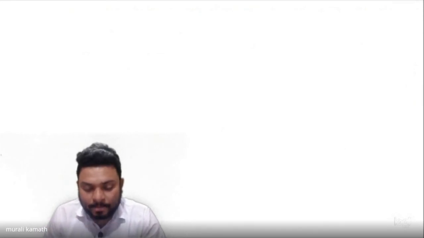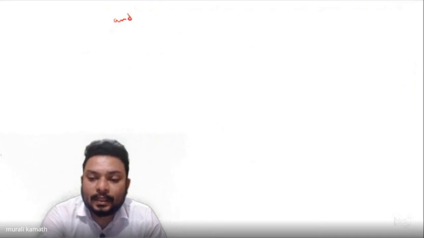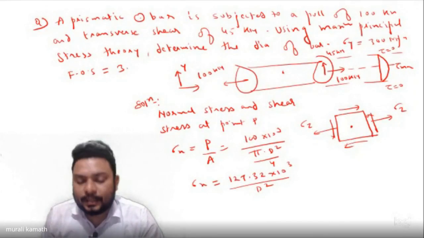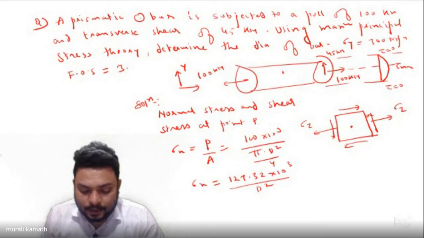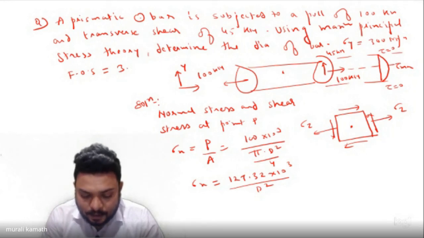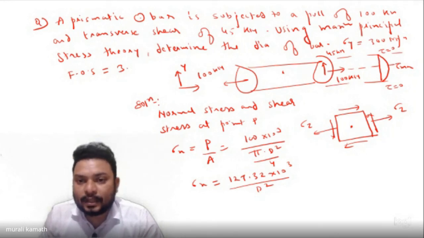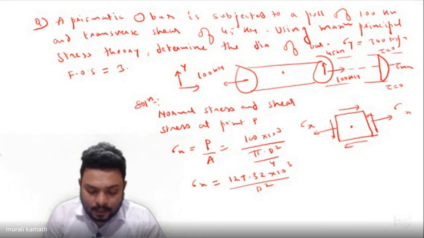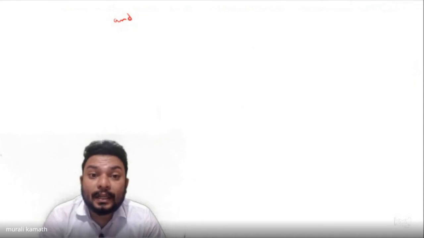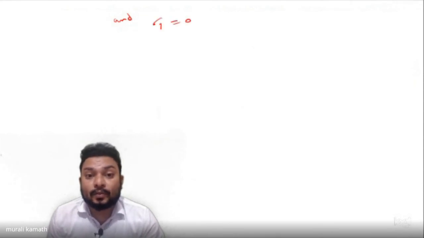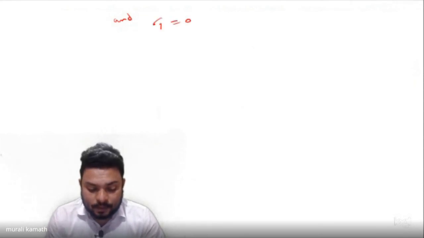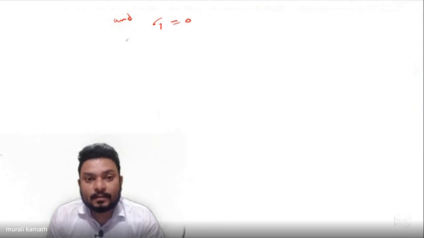In two directions they have given us, one is this 100 kilonewton, that is your x direction, and sigma y means in y direction there is no stress, so 0. Now shear stress at the point.